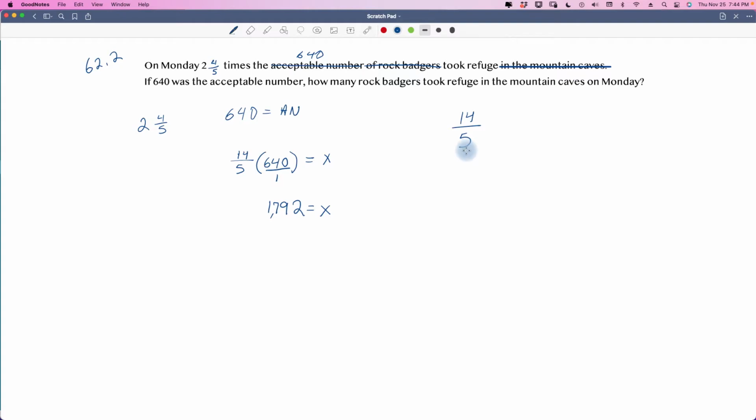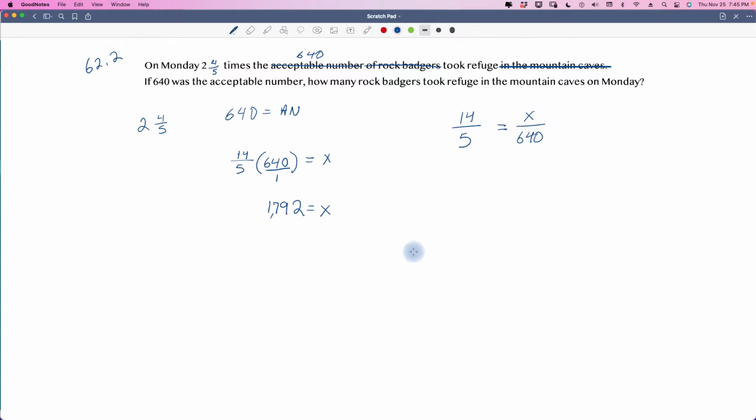Okay, this is the number that took refuge in the mountain caves. 5 represents the acceptable number, so therefore we put 640 here because that's going to be in line with the acceptable number. This many is the actual ratio, 14 to 5. We don't know what that number is up here.